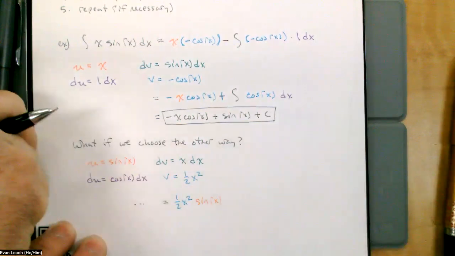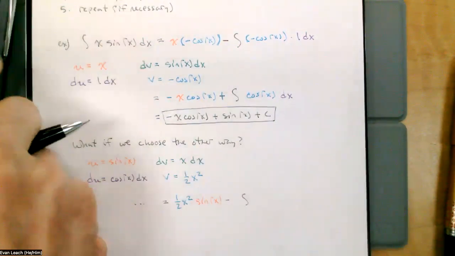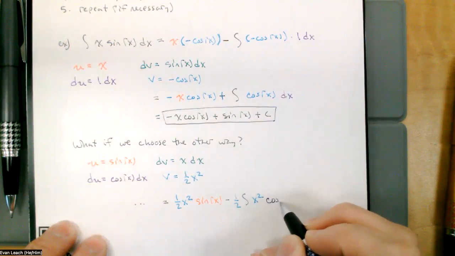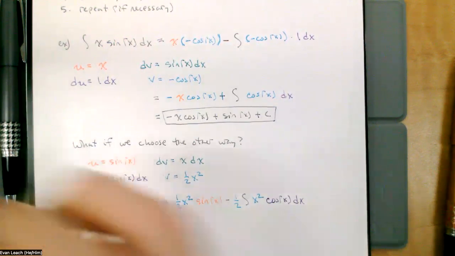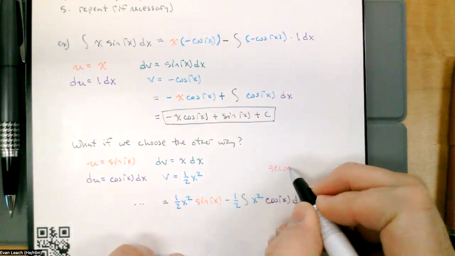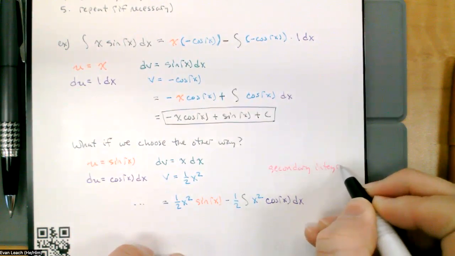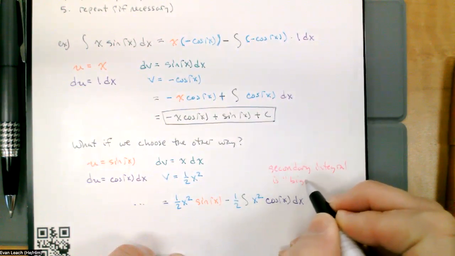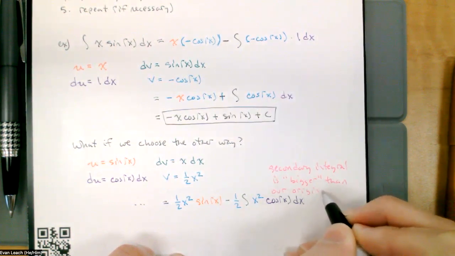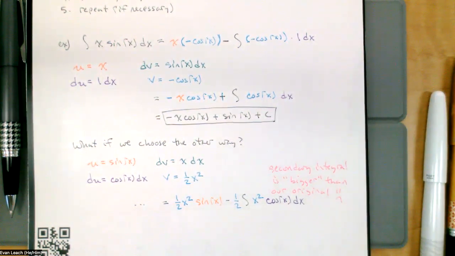Now, this is fine. This part is not. So our secondary integral ended up being kind of bigger than our initial, because that x squared, we went from x cosine x to x squared cosine x.